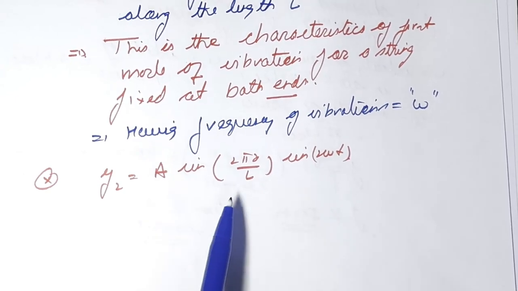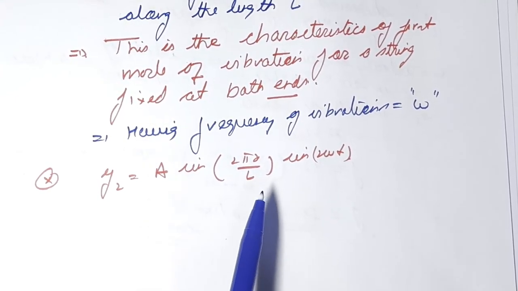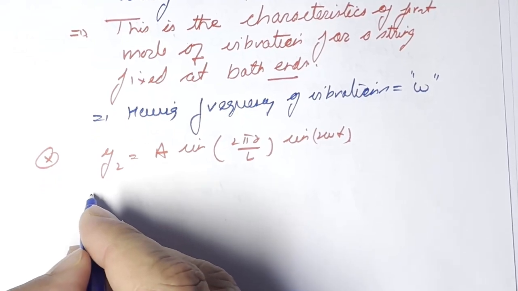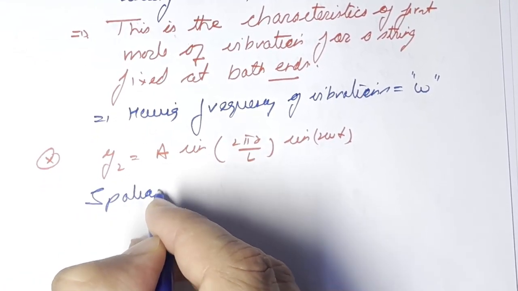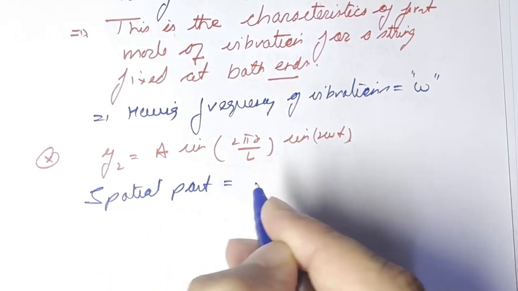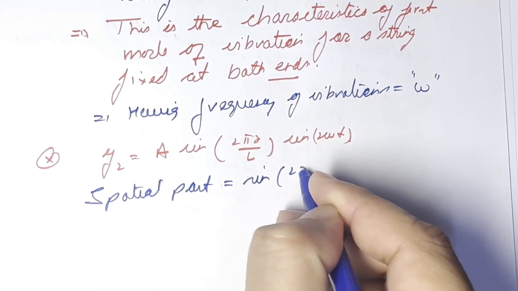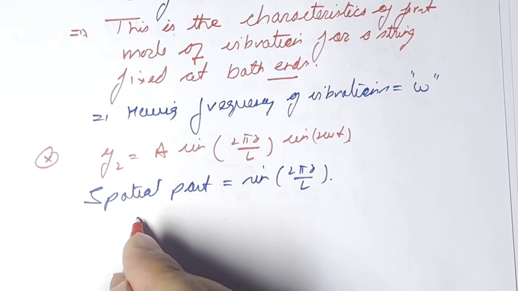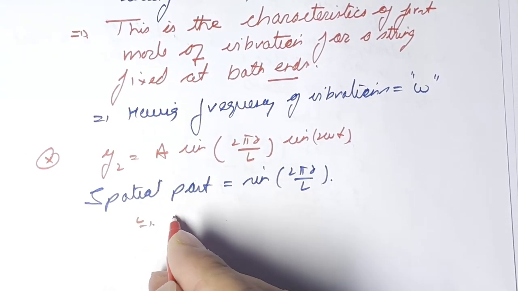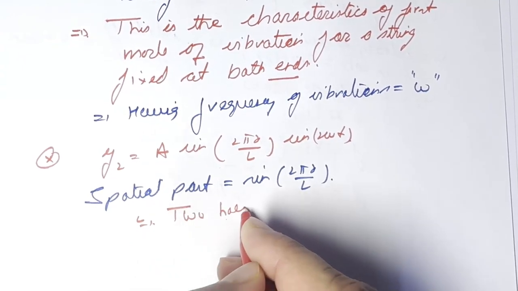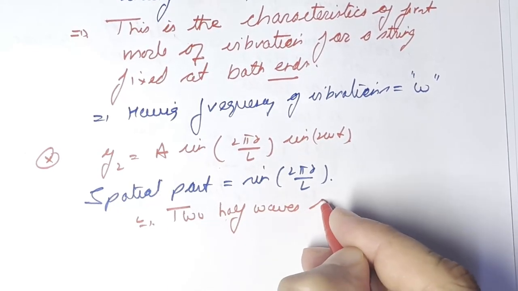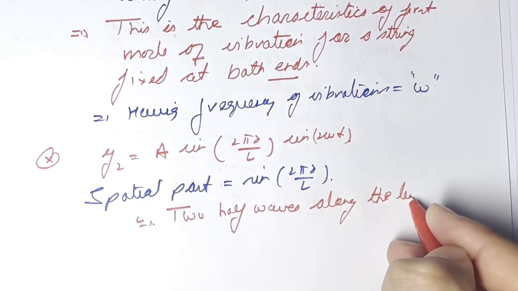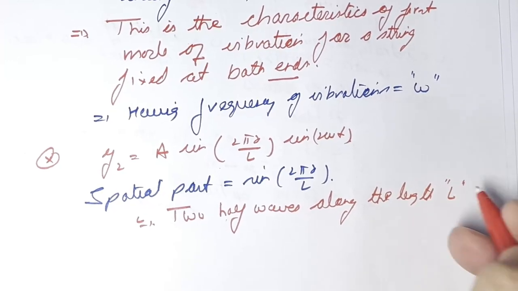So this has two half waves along the length L. We can see once again the spatial part, sin(2πx/L), which tells us that there are 2 half waves along the length L.